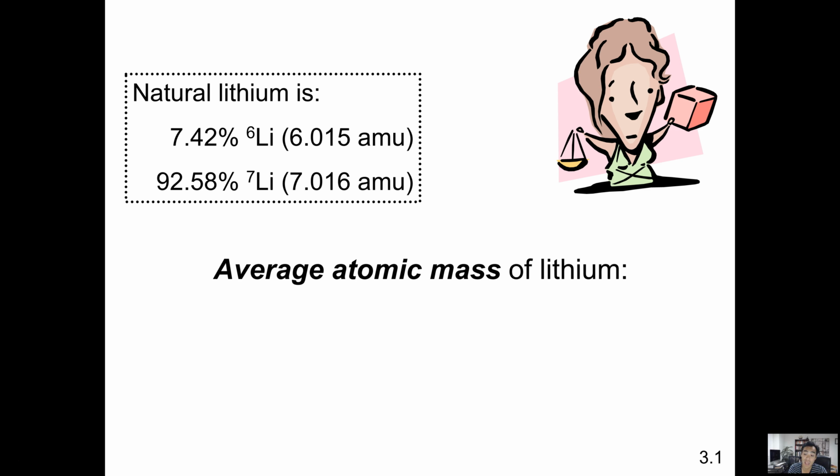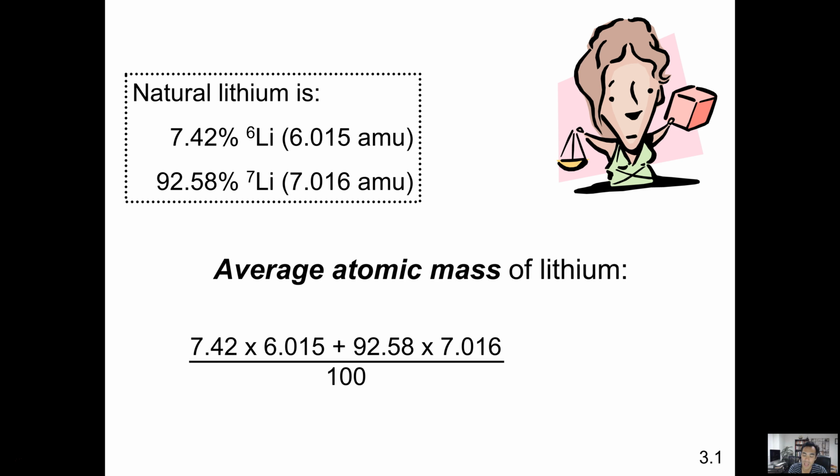In the periodic table, they account for both of these using what they call the average atomic mass of lithium. That's the reason why the masses are, generally speaking, not whole numbers, because if you average them out by the percentages, the mass you get is 6.941. So you multiply the percentage of lithium-6 by its mass, add the percentage of lithium-7 times its mass, and divide by 100, which gives you the actual average mass.